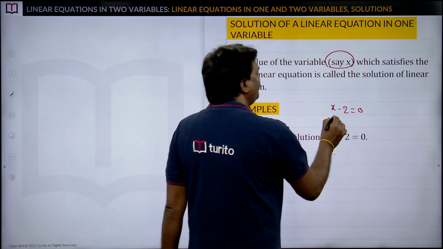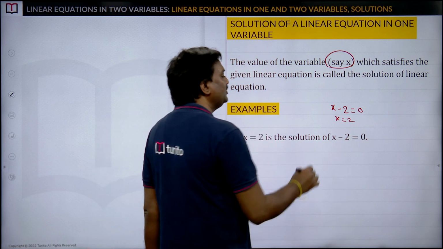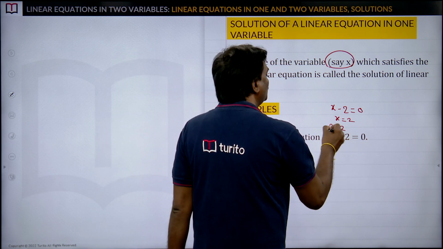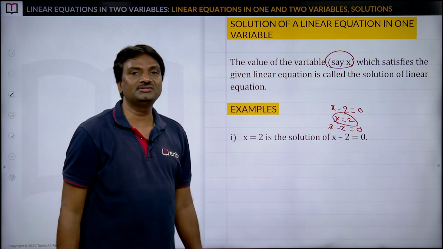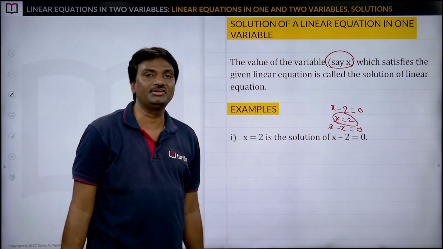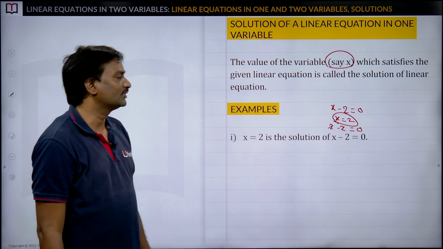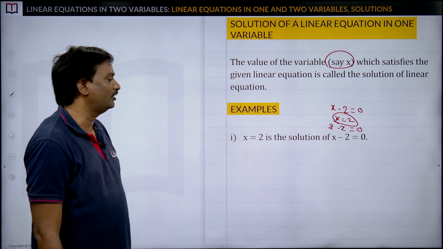In place of x, if we take 2, then what will you get? 2 minus 2, we are getting 0. So, that is why x equal to 2 is known as the root or solution of the linear equation x minus 2 equal to 0.